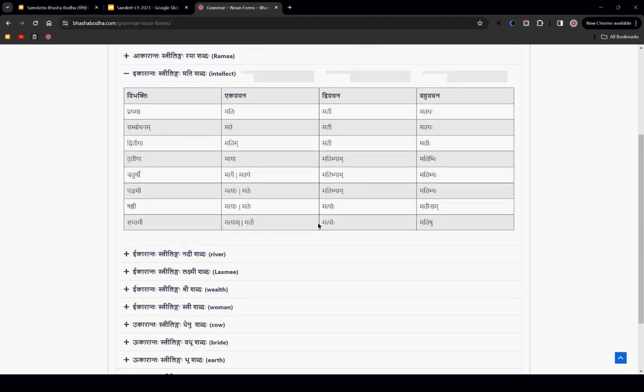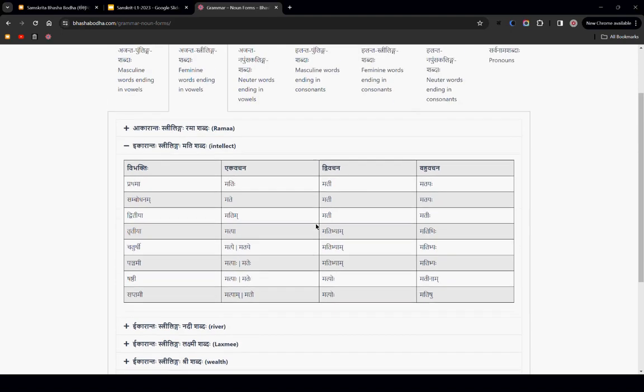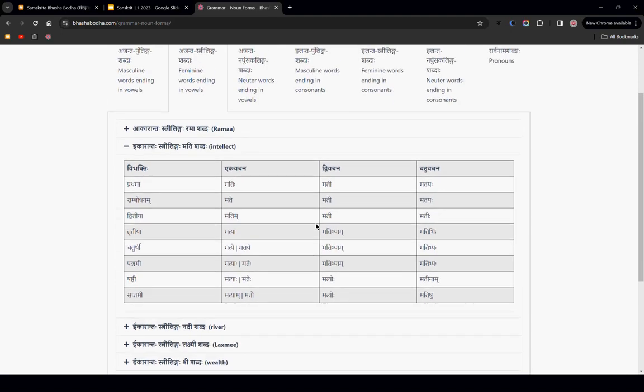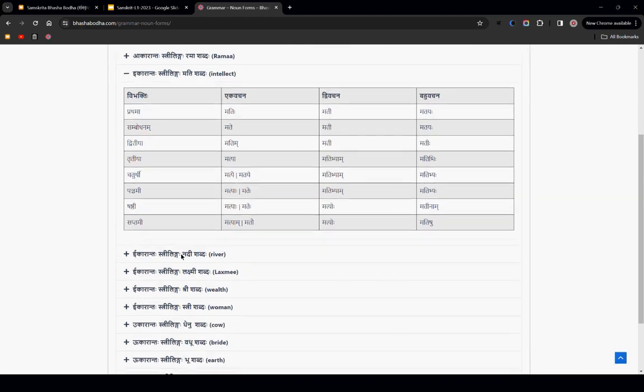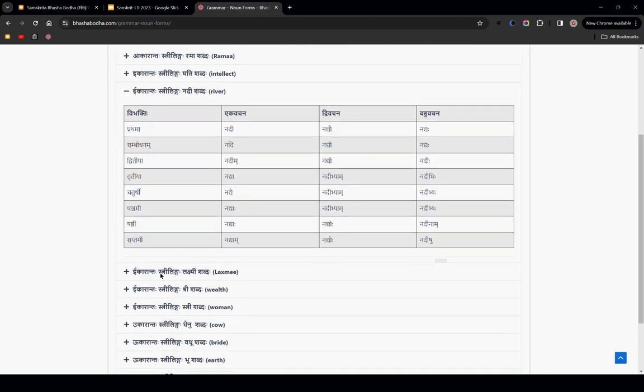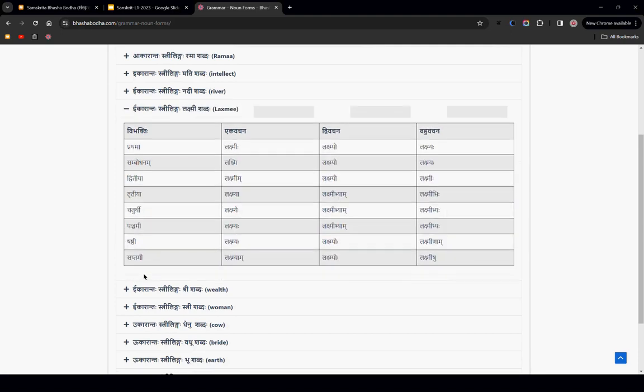Then Strilinga words ending in i, like Mati, Gati, Shakti. Then we have Nadi also. Dirgha Ikaranta words are also common: Nadi, Parvati, Saraswati, Lakshmi. So these Nadi, Lakshmi and Sri, Stri are all base words ending in Dirgha, but some of the forms in some Vibhakti Vachana are slightly different.